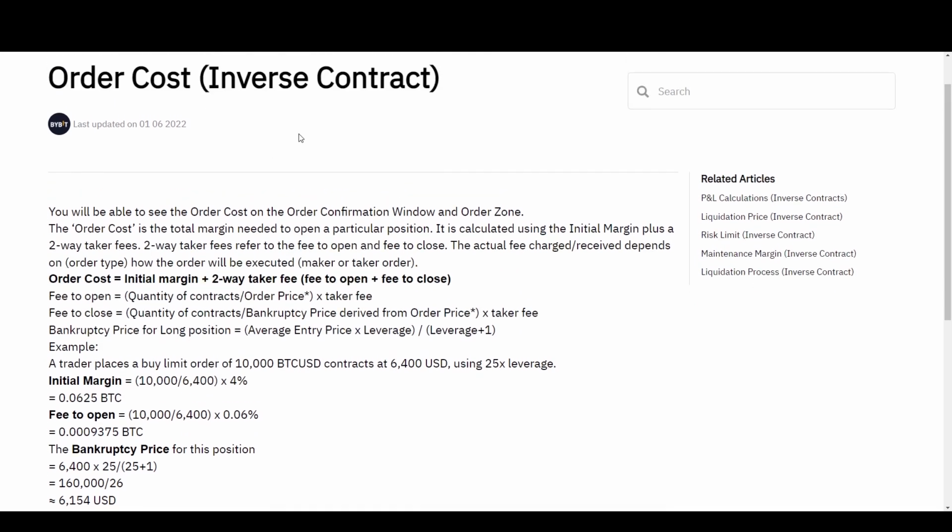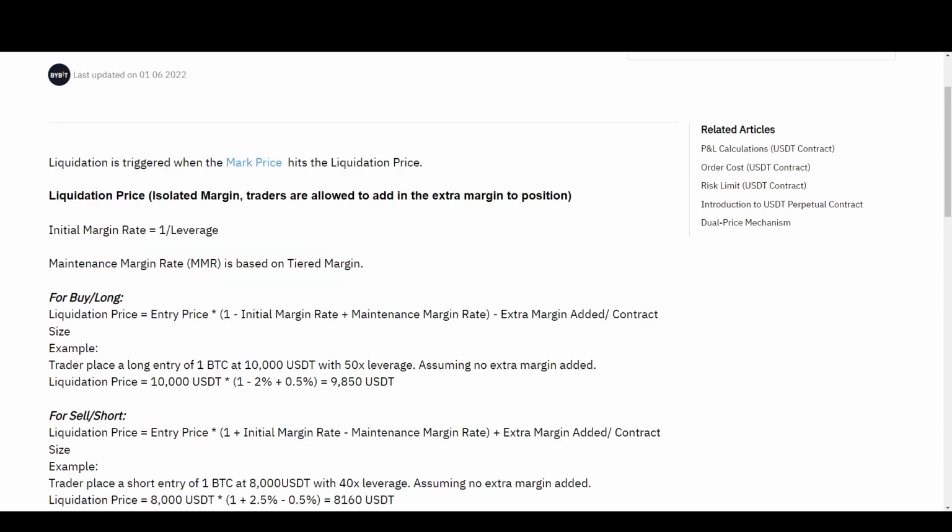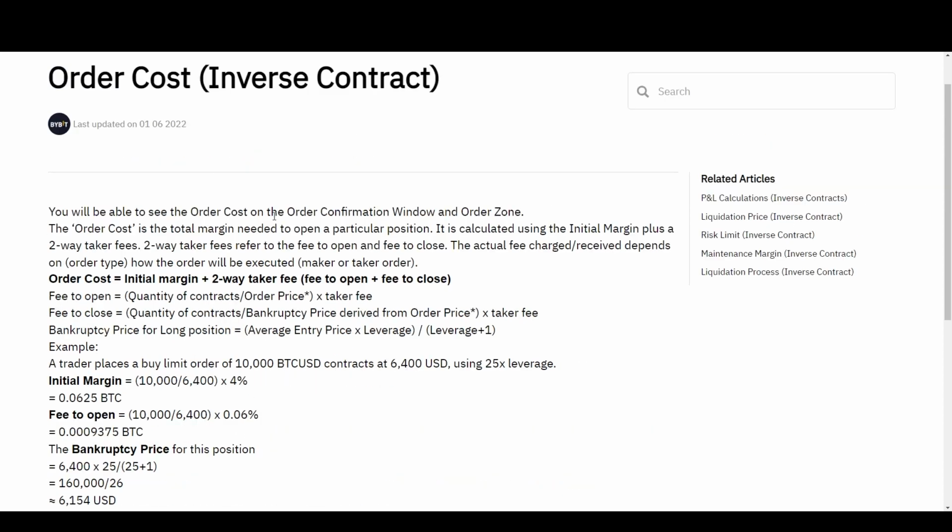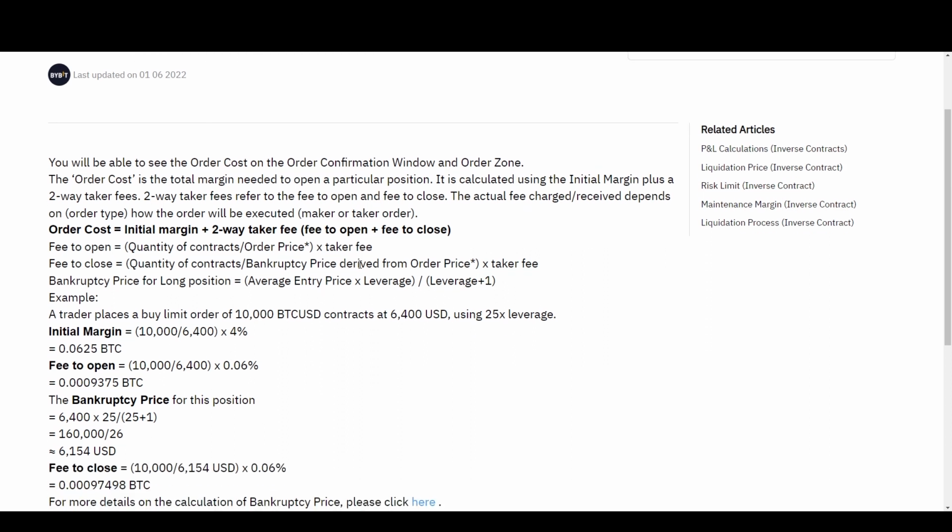So I have to decide, am I going to use inverse contract calculations, or USDT calculations? I don't know which one is the correct one.